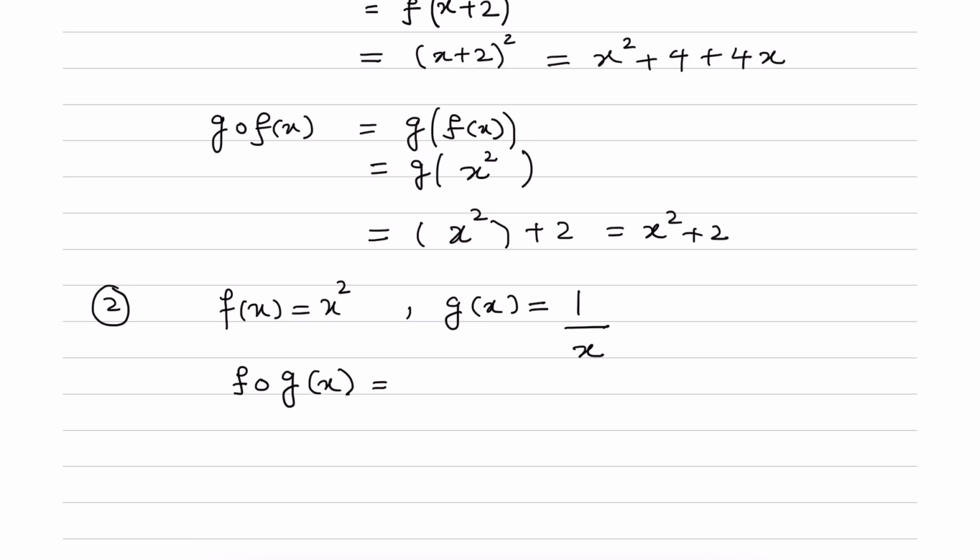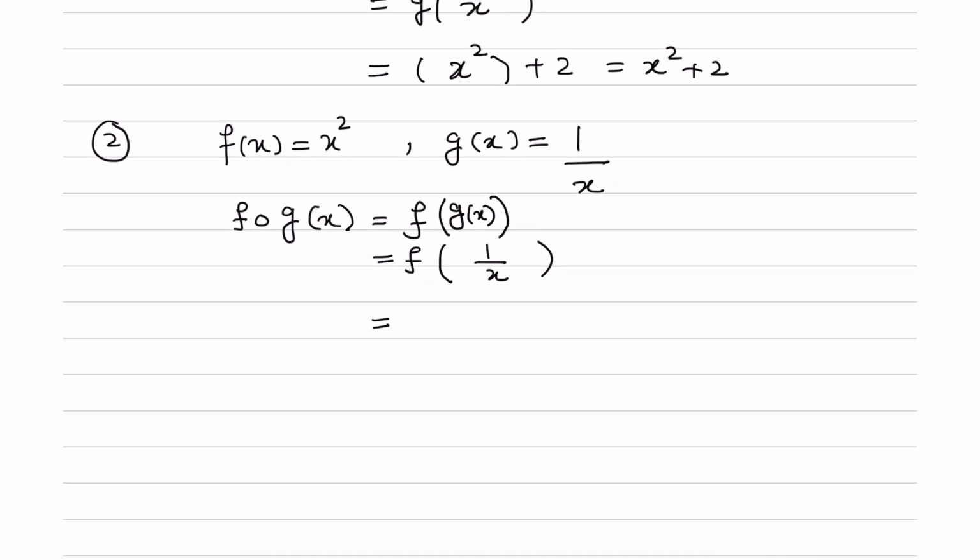We will open this, f parenthesis, inside function g of x. So f is the outside function. First we will deal with the inside function. We will put the value of the inside function, which is g of x, and in the place of g of x we will put 1 over x.